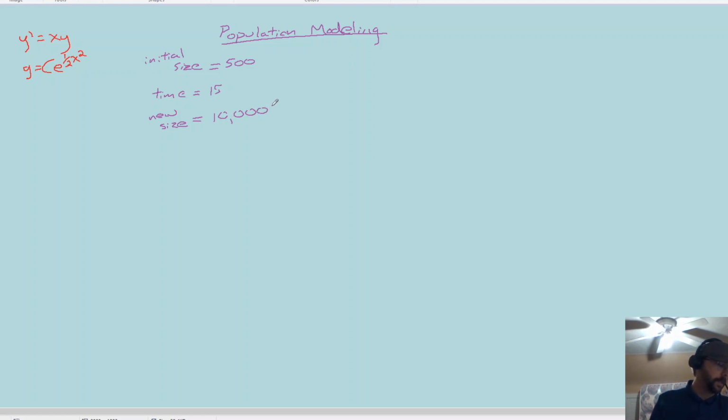So let's say we have this. The problem may be worded like: a bacteria culture starts with a population of 500 and grows at a rate proportional to its size. What that means, which is actually the key to setting up the problem, is that the rate of change of the population, we'll let capital P stand for population, the rate of change with respect to time, equals, proportional to means there's some proportionality constant.